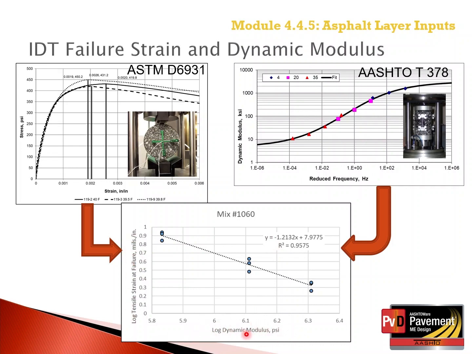This shows the log of dynamic modulus versus the log of tensile strain at failure in mils per inch. This relationship is used to estimate the coefficients of the bottom-up fatigue cracking transfer function.